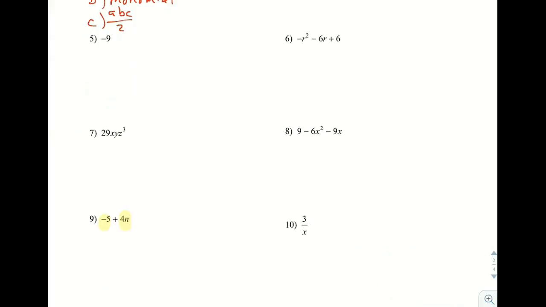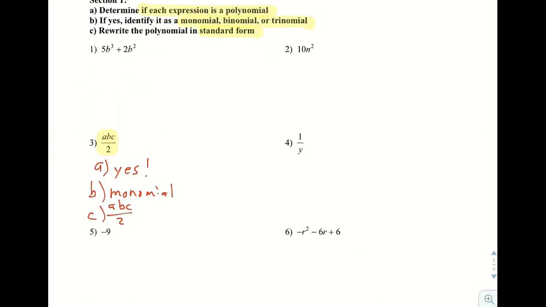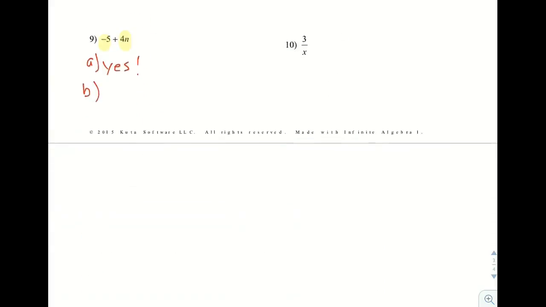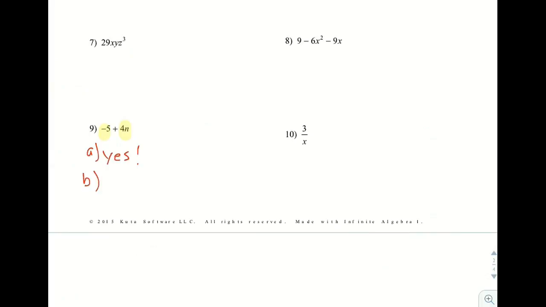I don't see any fractions, so there's no variables in the denominator. So for A, I would say yes, it is. For B, it says identify as mono, bi, or tri. Since there are two terms, it is going to be a binomial.